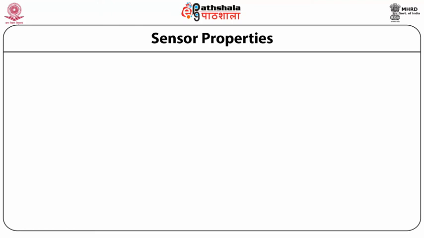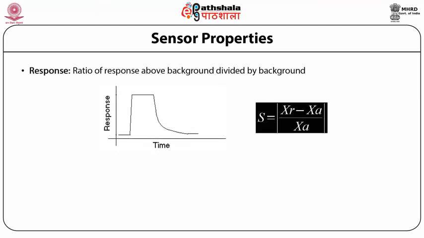The next one is the response. It is nothing but the ratio of the response above background divided by the background. That is, the response is equal to the modulus of XR minus XA divided by XA.